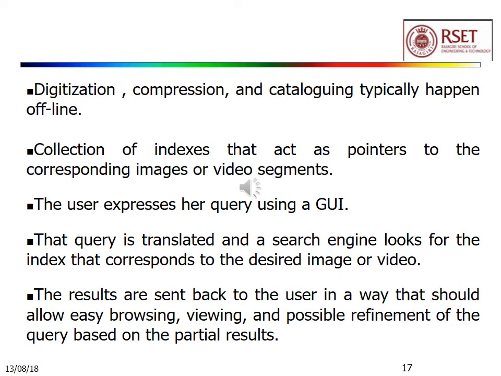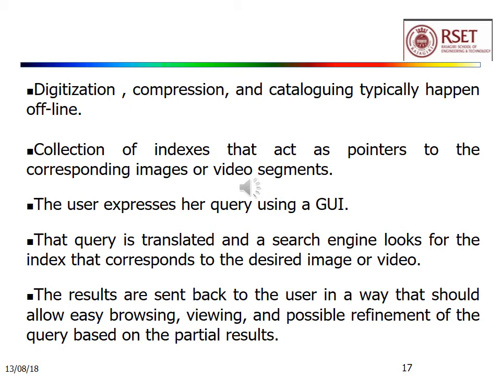Another point: digitization, compression and cataloging happen offline. Once these three steps have been performed, the database contains a simplified representation of each image or video and a collection of indexes that act as pointers to the corresponding image or video segment.